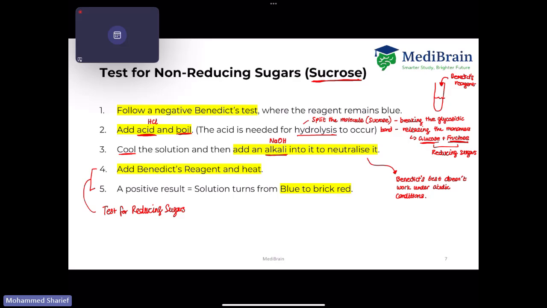Now you've brought the solution back to normal, you can then add in Benedict's reagent and heat the solution once again. If you see a positive result, which forms a brick red precipitate in the solution, then you know that originally you had a negative result. Now you have a positive result after adding the acid in. So you must have a non-reducing sugar.